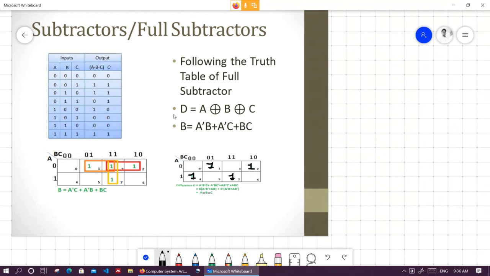So the same pattern follows, so the difference function will be the same XOR. And in this case of the borrow output, we have 3 pairs coming, so the function will be the borrow out. So this is your full subtractor.